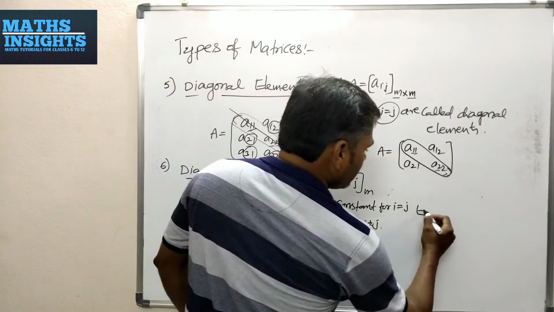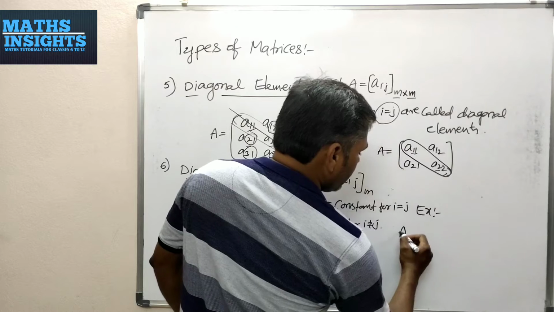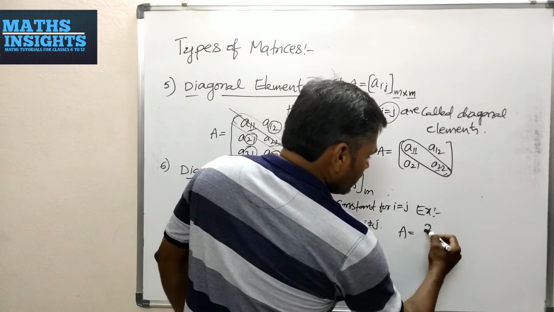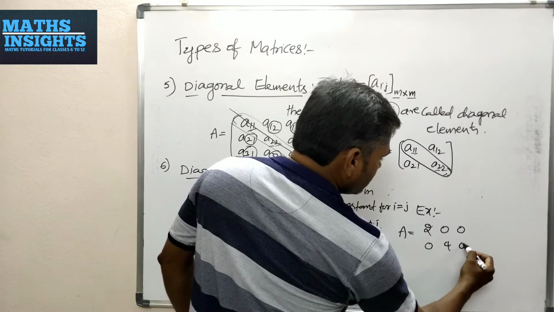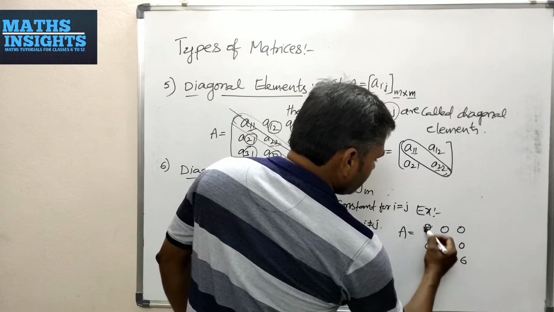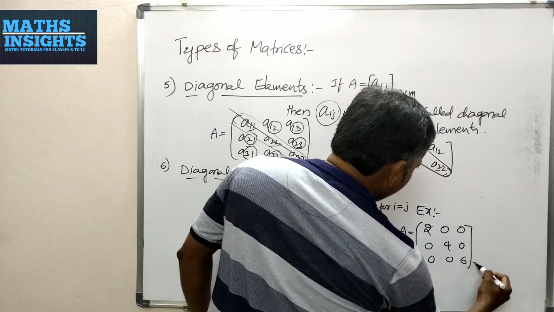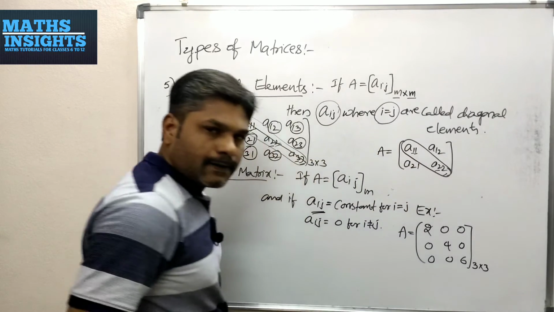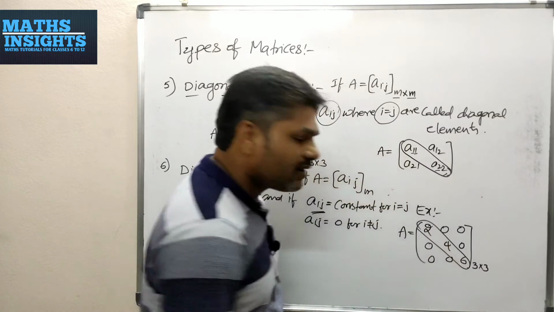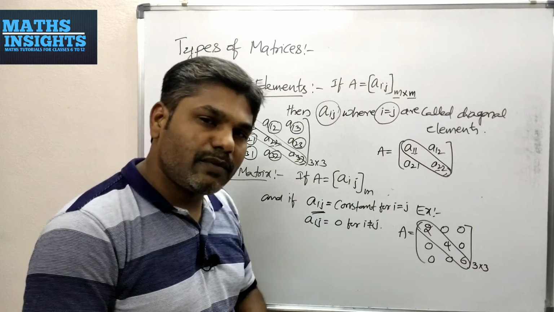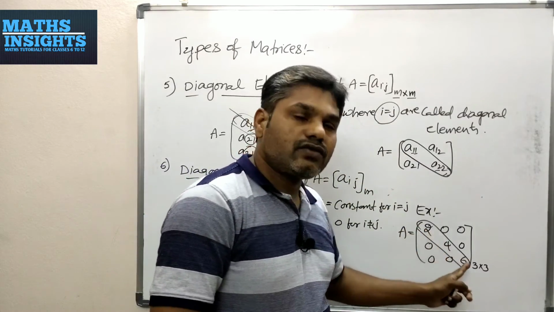I will take an example for a diagonal matrix. So I am writing 2 0 0, 0 4 0, 0 0 6. This is a square matrix of order 3. The elements in this area are called principal diagonal elements, where i is equal to j.